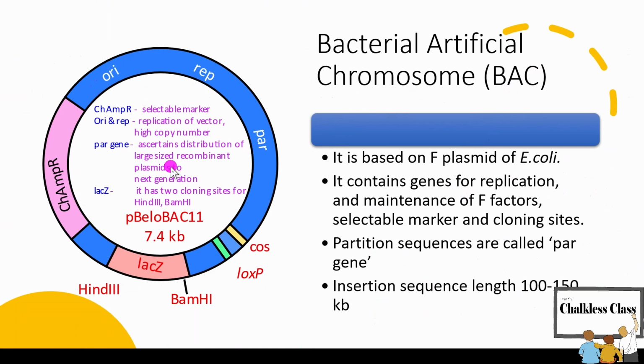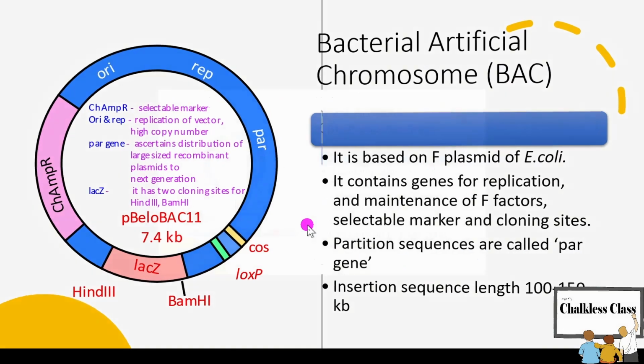The PAR gene ascertains the distribution of large size recombinant plasmids to the next generation. Like pUC19, it also has the lacZ gene. Many cloning sites also we can find on this bacterial artificial chromosome. So mainly it is based on the F plasmid of Escherichia coli, and it can carry very large fragments, 100 to 150 kb size of DNA sequences.